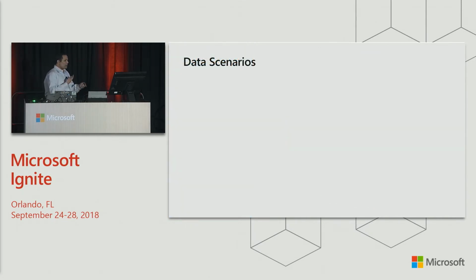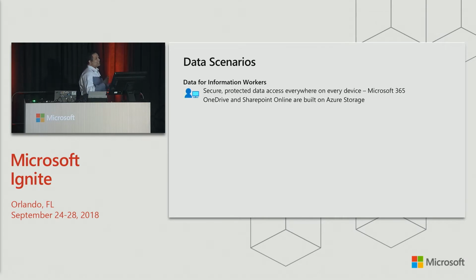So what I want to talk about a little bit is the data scenarios that we sort of frame around this. All of you use blob storage. This is pretty straightforward to you. If you think about the taxonomy, there's data for information workers, people who are, like us, all working with Office and other documents.